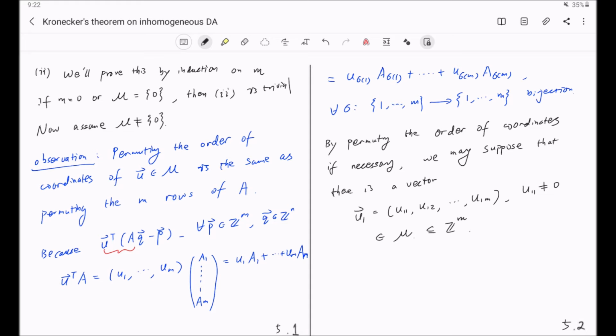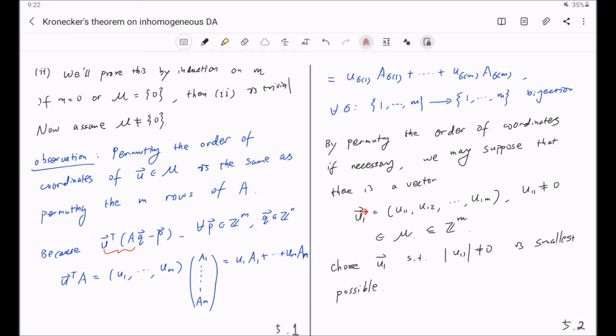And furthermore, we require that we choose u sub 1 such that u11, which is non-zero, has the absolute value the smallest possible, namely up to permuting the order of coordinates.